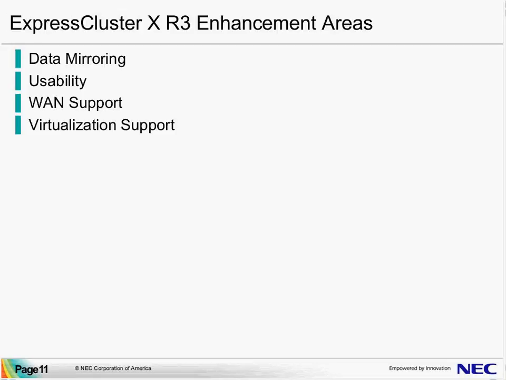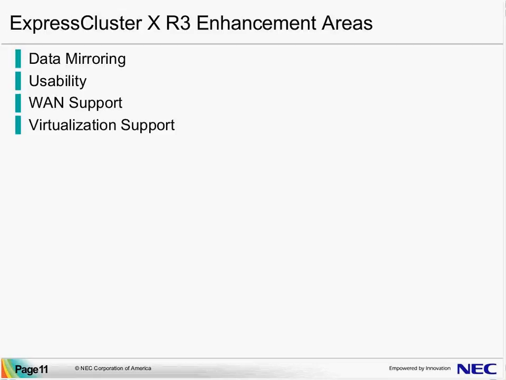And the second area of enhancement is usability. ExpressCluster has provided a setup wizard for configuring and setup of systems. But in release 3, there have been some further enhancements that make it even easier for new users to get up to speed on the product.